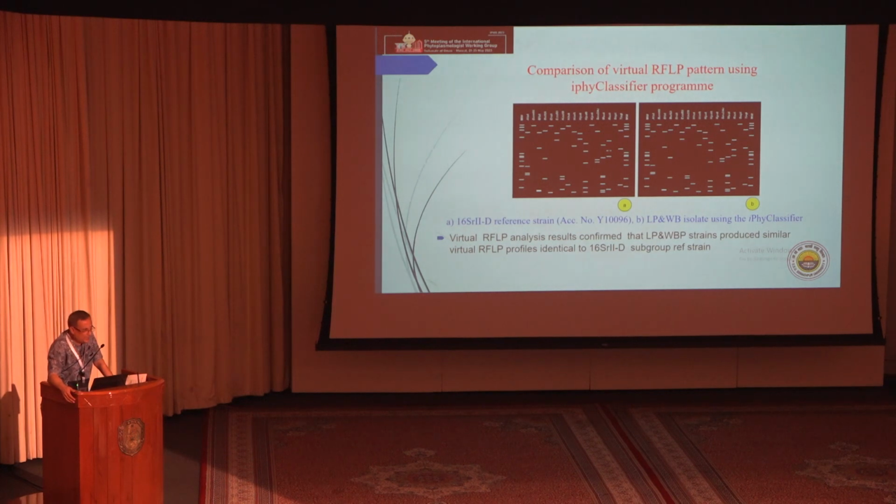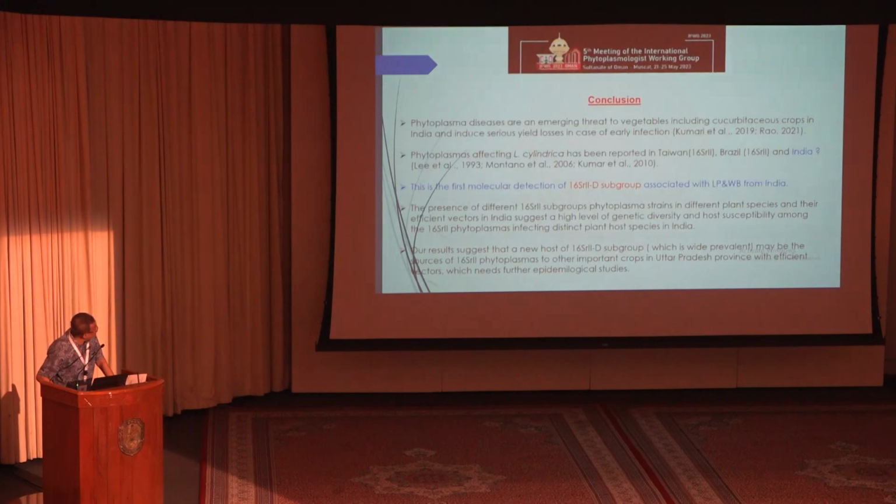I have not included it in this particular study, but after we identified the vector, again an Empoasca species, we identified the same phytoplasma strain. But still, in our study, we would like to confirm whether it is a confirmed, natural vector of this particular phytoplasma.